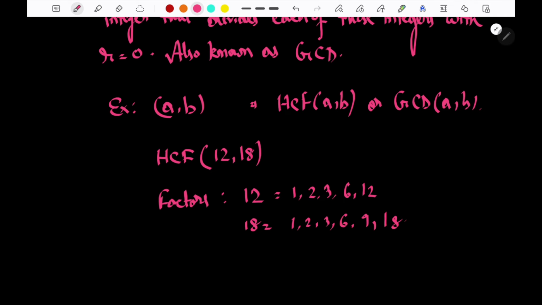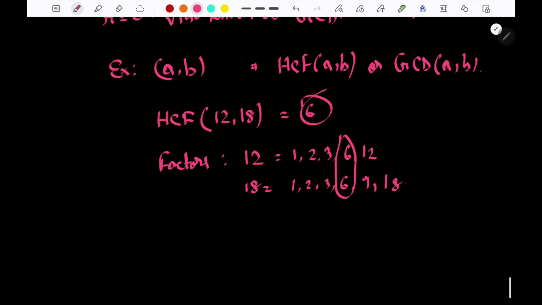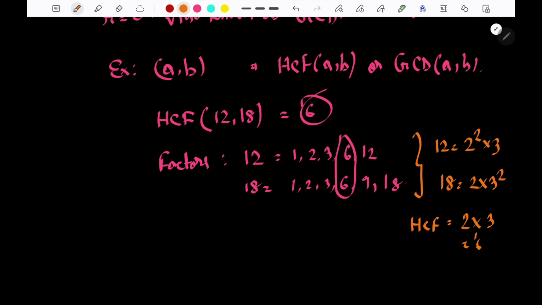So which is the highest common one? 6. So HCF of 12, 18 will be 6. Basically, some can do it like this: 12 is written as 4 into 3, that is 2 square into 3, and 18 is written as 9 into 2, that is 2 into 3 square. So take the lowest powers. HCF will be lowest power of 2, lowest power of 3, answer is 6. We did it in the previous lecture.